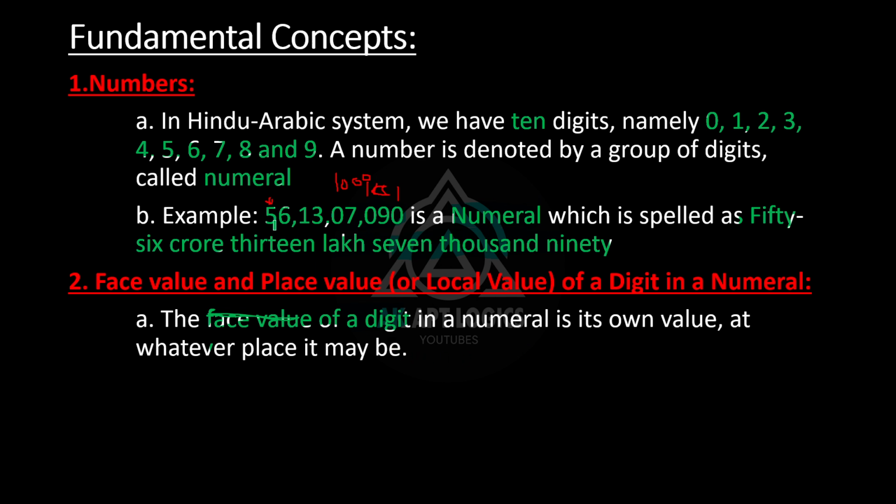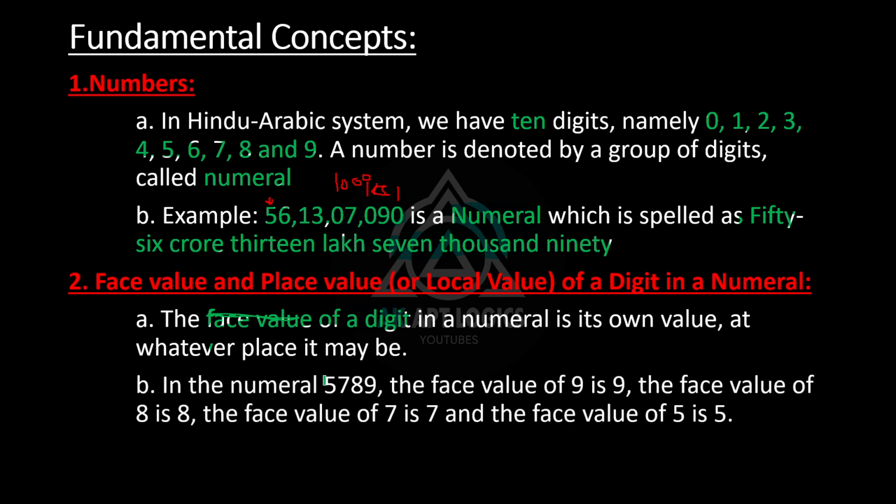For example, in the above example, the face value of 5 will be 5, 6 will be 6, 1 will be 1, 3 will be 3, 0 will be 0, and for 7, it will be 7 only. Let us see some other examples for understanding face value in detail.